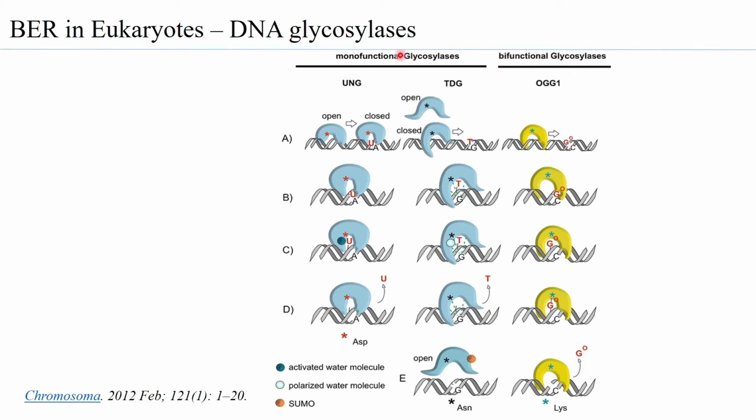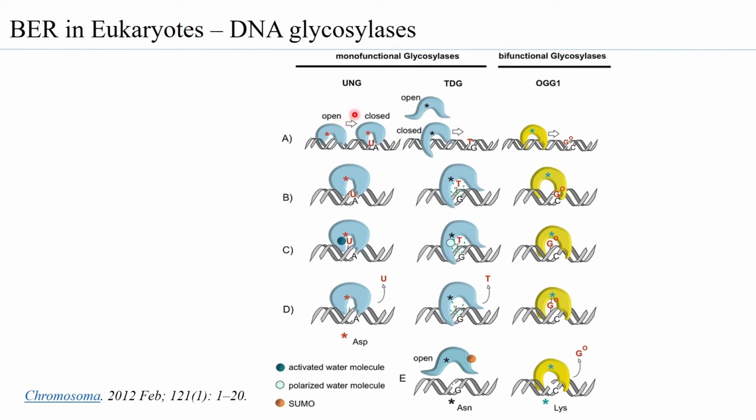So let us understand the difference between monofunctional glycosylases and bifunctional glycosylases. Here we take the example of uracil DNA glycosylase and thymine DNA glycosylase. They both fall under the monofunctional glycosylases, while the oxoguanine glycosylase 1 falls under the bifunctional glycosylases.